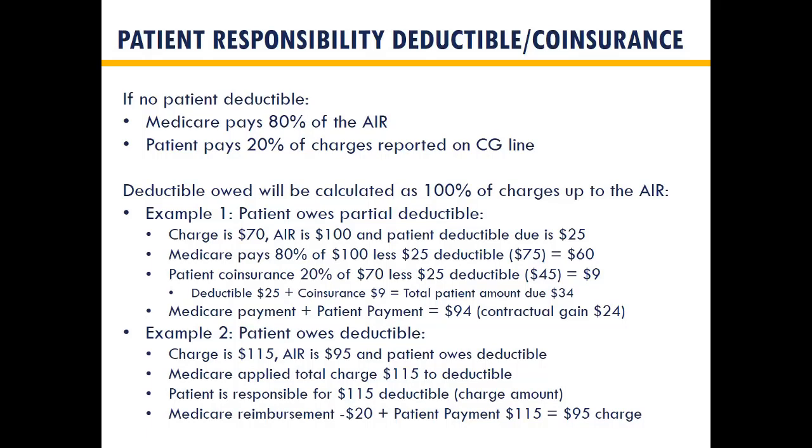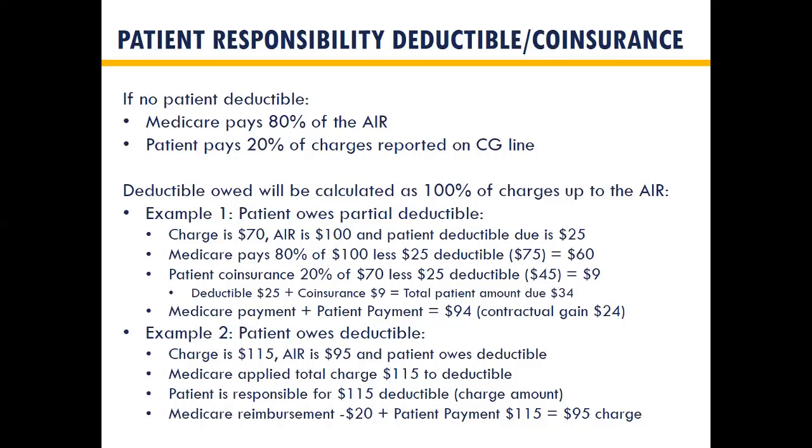The patient coinsurance is going to be 20% of the $70 total charge, less the $25 deductible. So 70 minus the 25 is going to be 45. 20% of that is going to be $9. So if you take the deductible of 25, that will be patient due or secondary insurance.